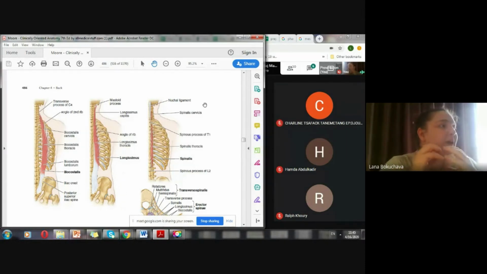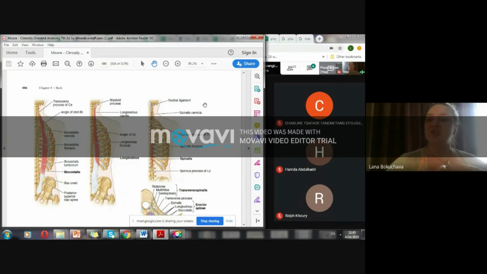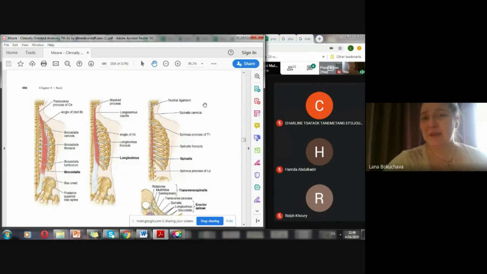So why? Because from the name it's already clear that these are the muscles which are together performing the standing position. They are the ones which are helping us to extend the whole vertebral column, during standing, during sitting, doesn't matter in this case.